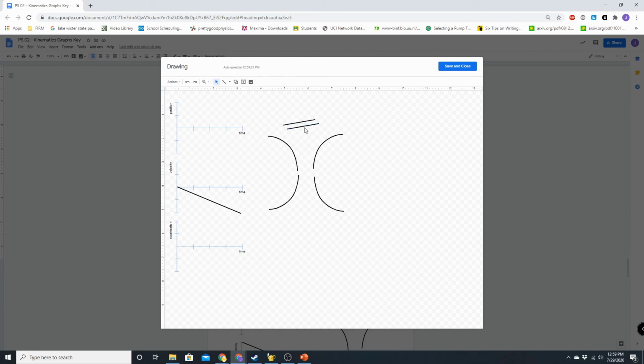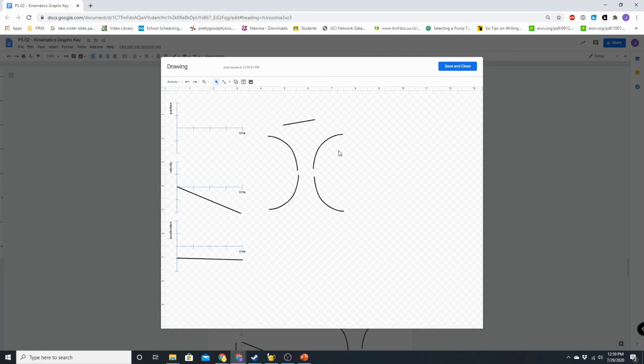We'll do our acceleration graph first. So we need a constant negative value. And we'll do our position graph. We want a position graph that is moving, we'll say downward. We'll say that's our negative direction. But it also needs to be speeding up. Speeding up means a steeper graph.